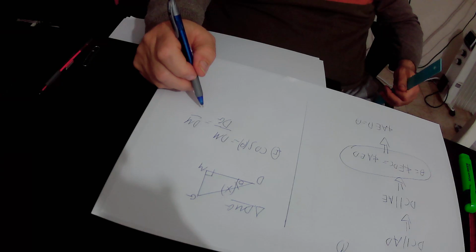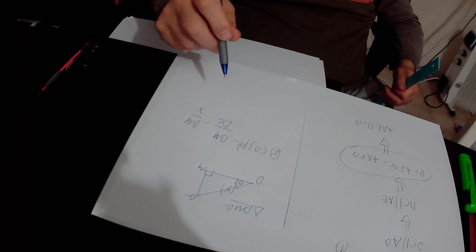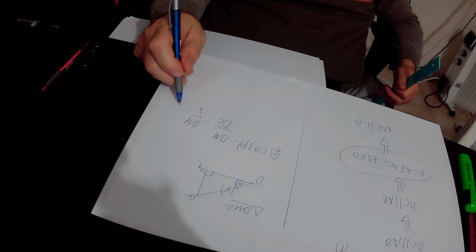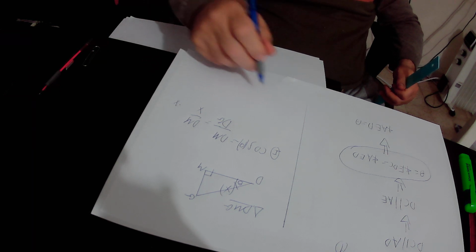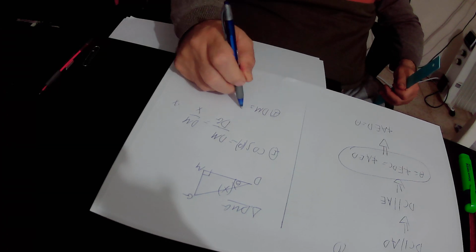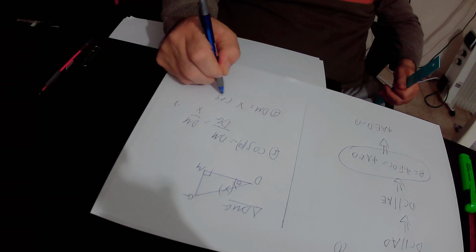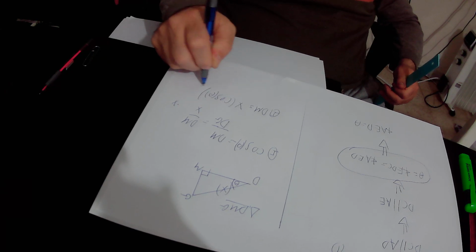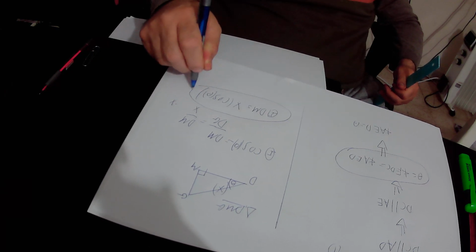DG is x, so substitute DG by x. We multiply this equation by x, and we get that according to equation 1, DM equals x times cosine theta.